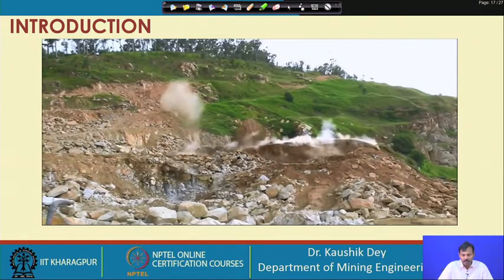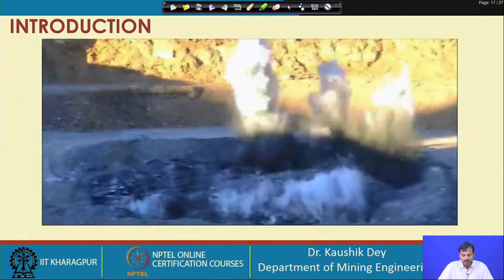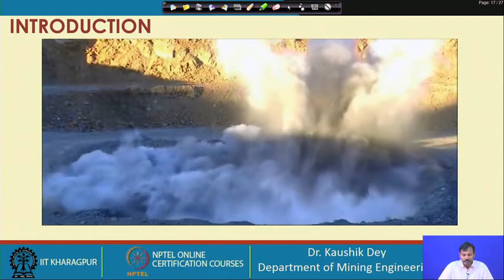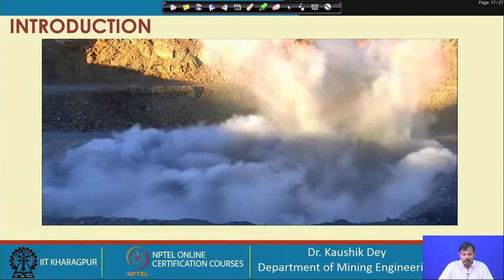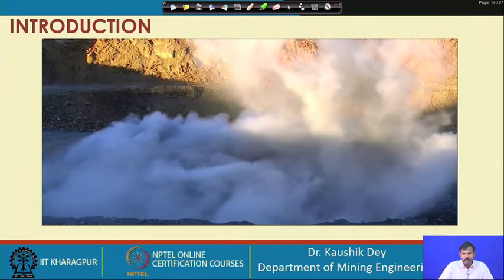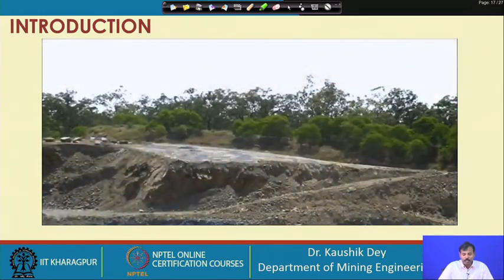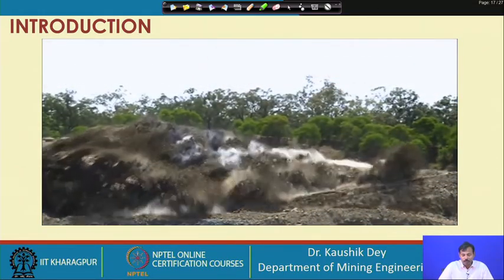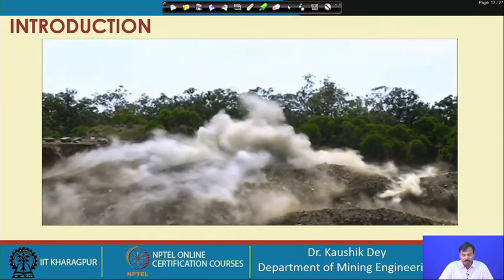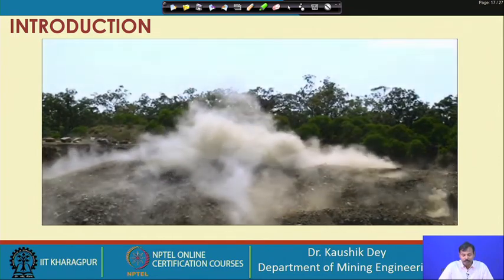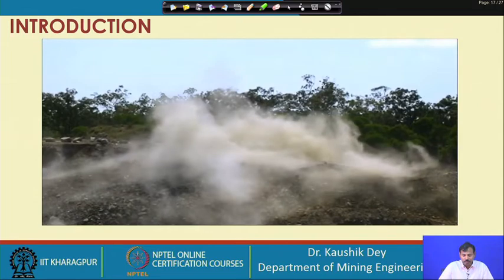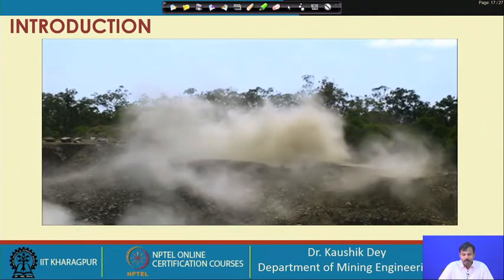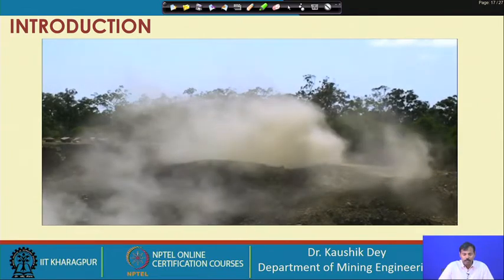The initiation is first, then the gas is produced, and then the fragmentation occurs. You can see the gases are produced at a later stage. The wave is propagated ahead of the gas, then the gases come out, fragmenting is carried out later on, and the throw of the rock is carried out because of the gaseous products.